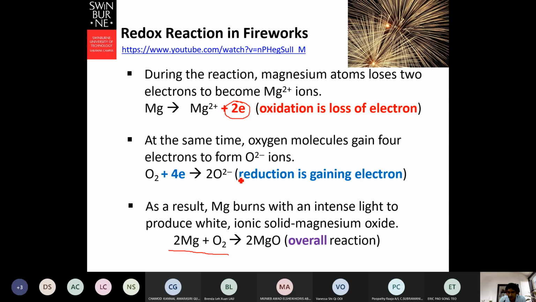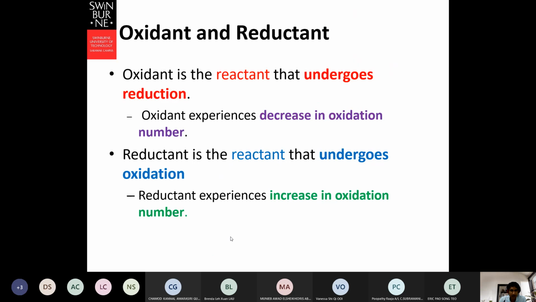For oxygen, after taking up the 2 electrons, reduction is happening because it has gained the electrons. Magnesium burns with an intense bright white light, a very white light, because of this oxidation reduction reaction that goes on in the molecule.